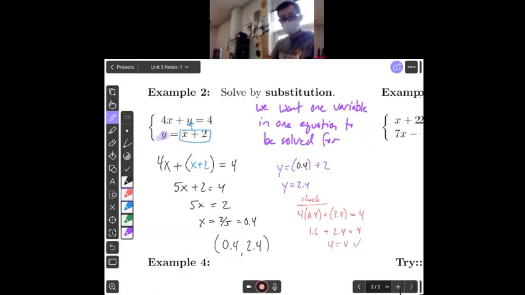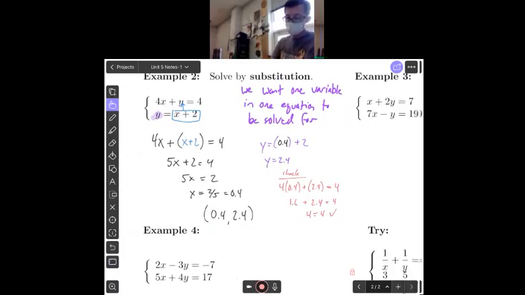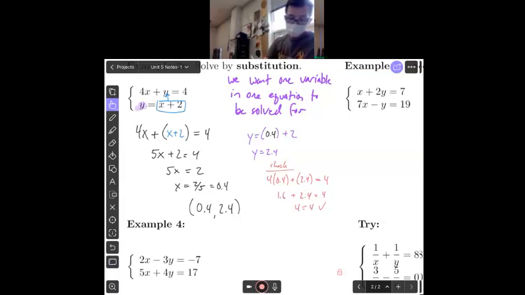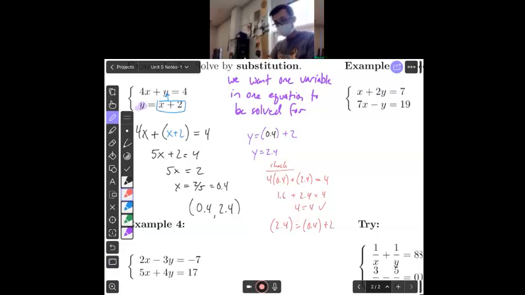You can see it works in the first one. Always check both. And so 2.4 equals 0.4 plus 2. You can see that one works. I don't need you guys going all the way down, but once you get to that last step, I'm okay if you stop there.